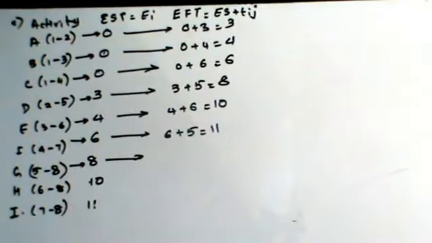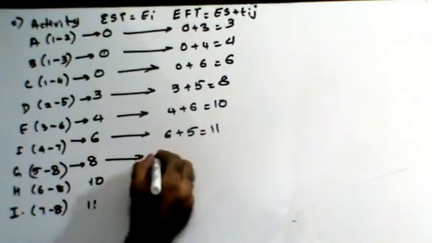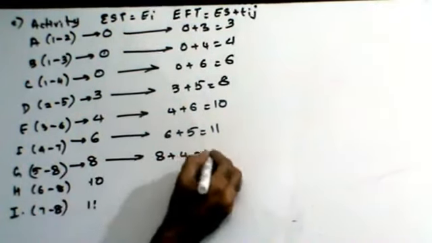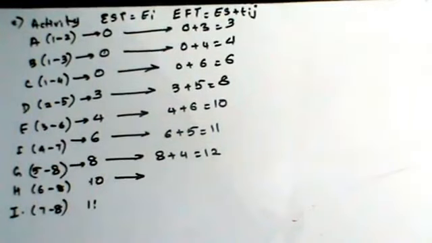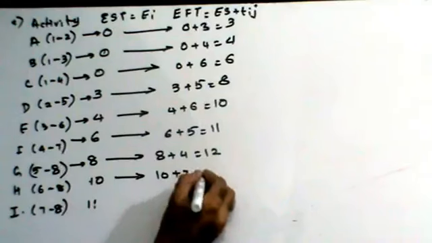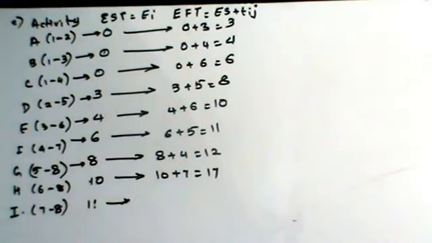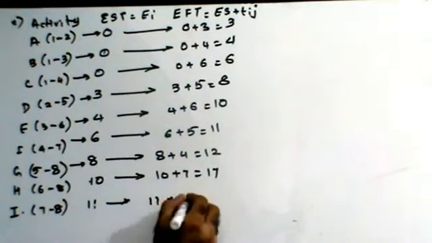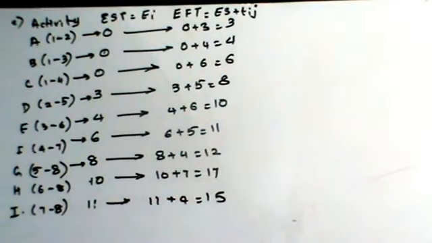For G, it is going to be 8 plus 4. For H, it is going to be 10 plus 7. For I, it is going to be 11 plus 4. That's how you find out earliest finish time.